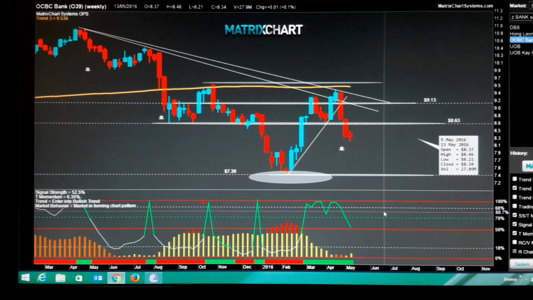So further price will be falling to somewhere at this area. So we shall see how the weekly candlestick reacts after falling from right below this horizontal line 7.39.